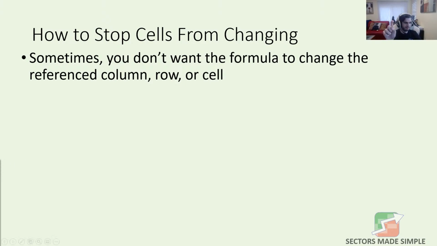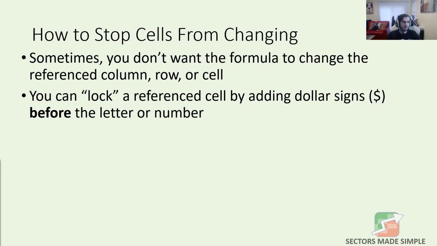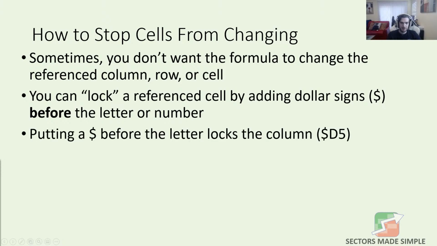But all right, let's cover these locked cells. So what we can do is, if I don't want a number to change, or if I don't want a referenced cell to change, then we can add dollar signs before the letter, the number, or both. So putting a dollar sign before the letter locks the column.